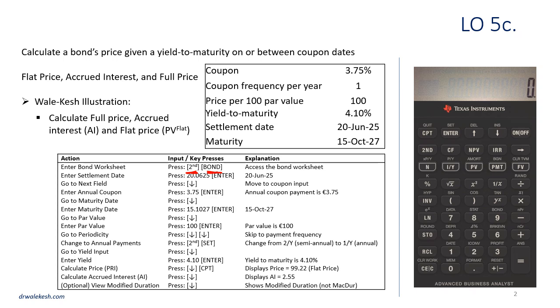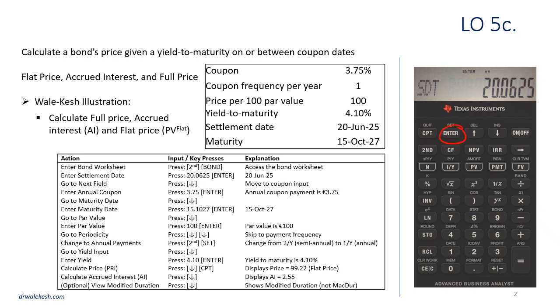So this is second function here, then bond, then you press 20.0625, that's for the settlement date, then enter.